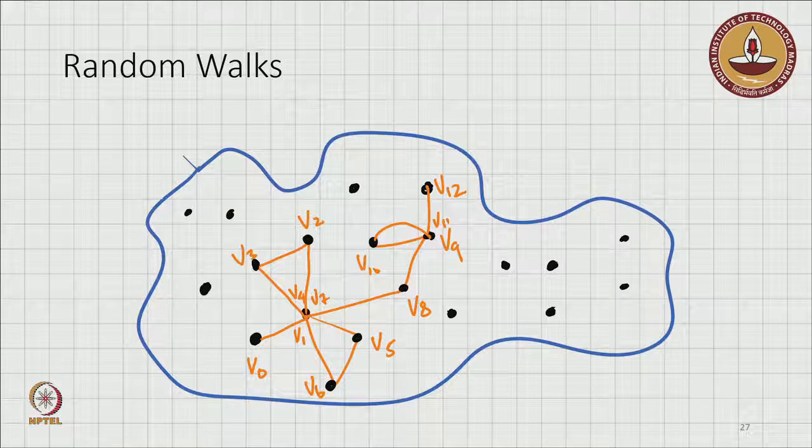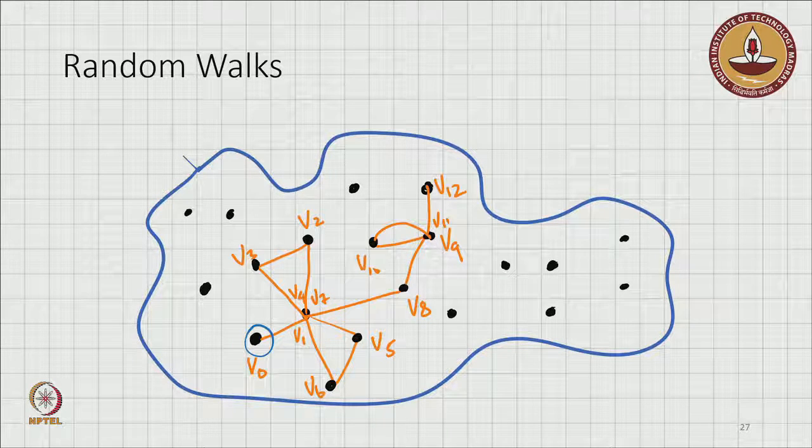And what is a random walk? Well, you start at some vertex, say V0. Considering all of its neighbors, you choose one neighbor uniformly at random. You go to V1. From V1, you have a bunch of neighbors. You go to V2, V3, and then let's say back to V1.